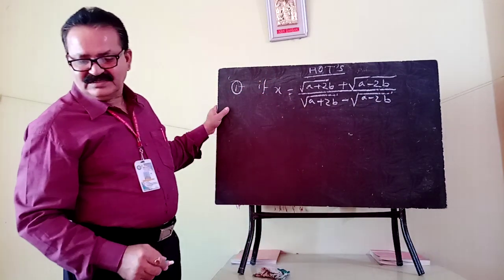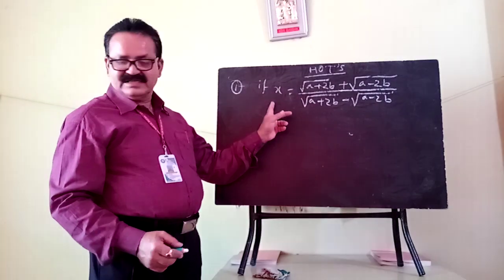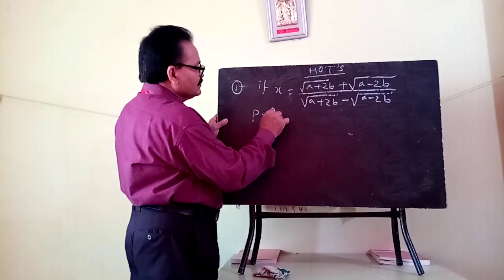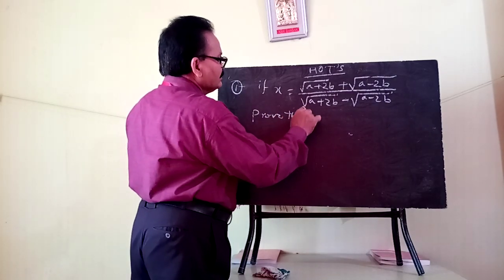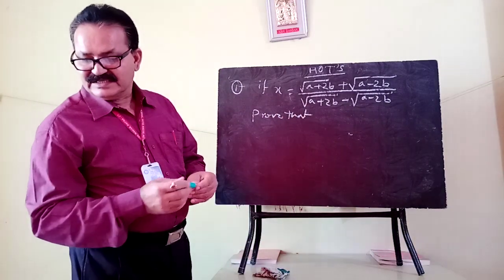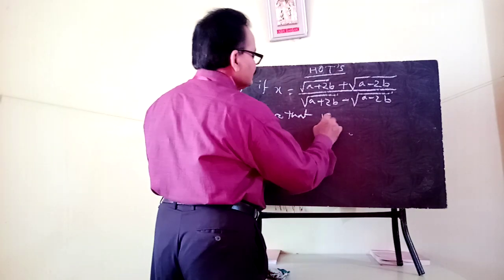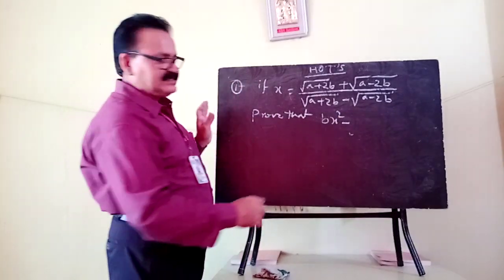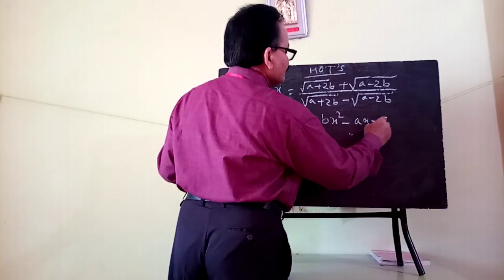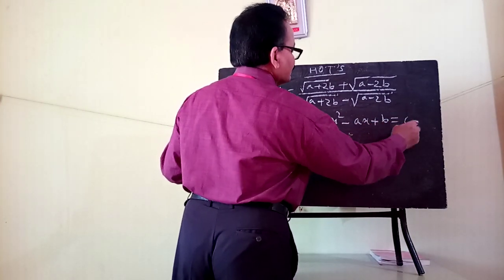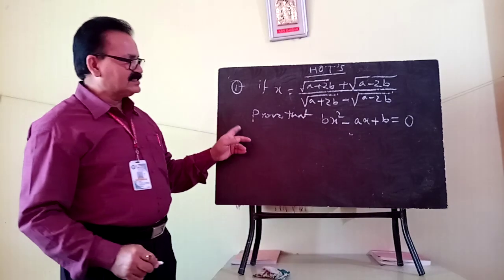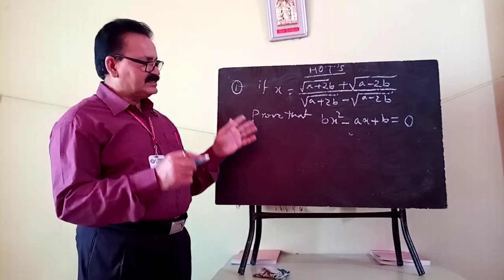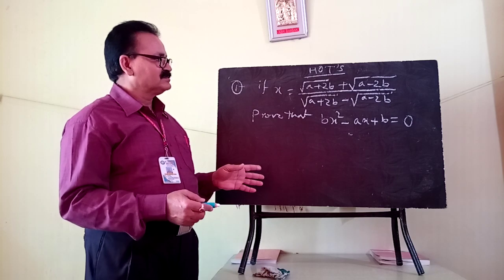This is the given part, and you have to prove or show that bx square minus ax plus b equals 0. You must write this question in your copy and see how I am solving.